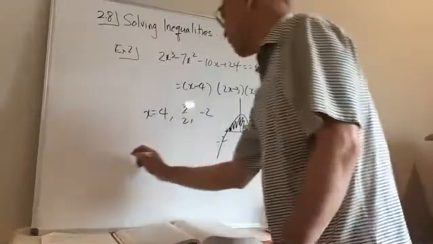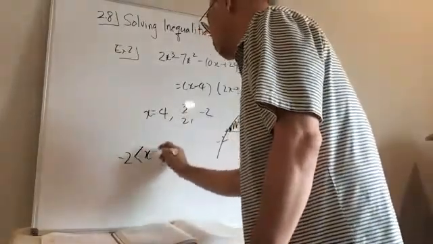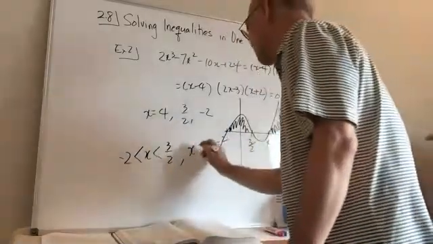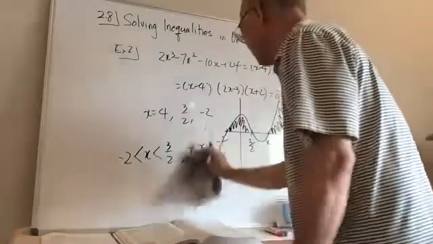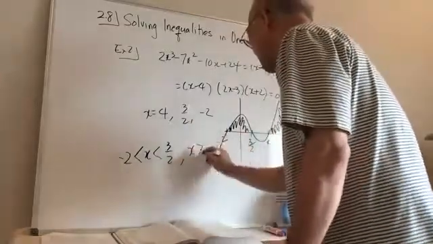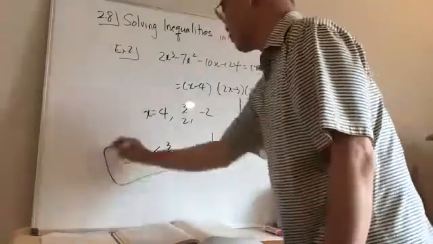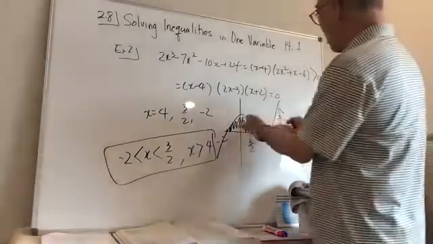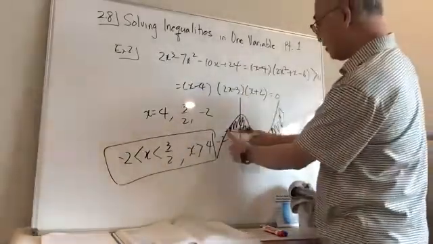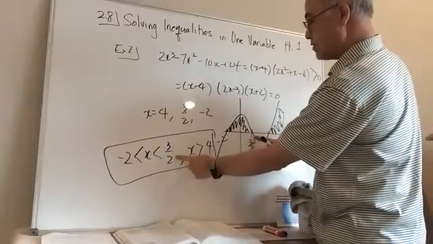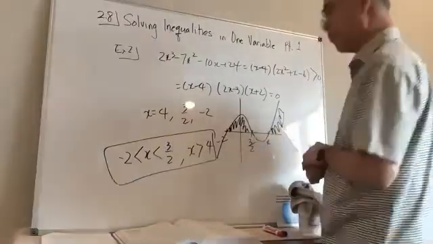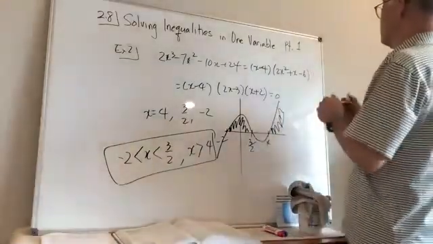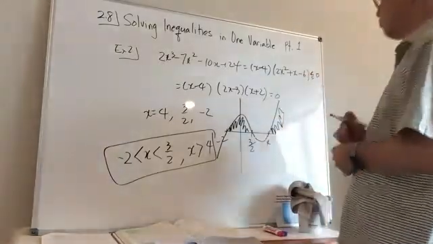So I'm going to have negative 2 to 3 halves, and x is greater than 4. So this here is going to be my final answer. It is greater than 0, so y is greater than 0 from negative 2 to 3 halves and greater than 4.